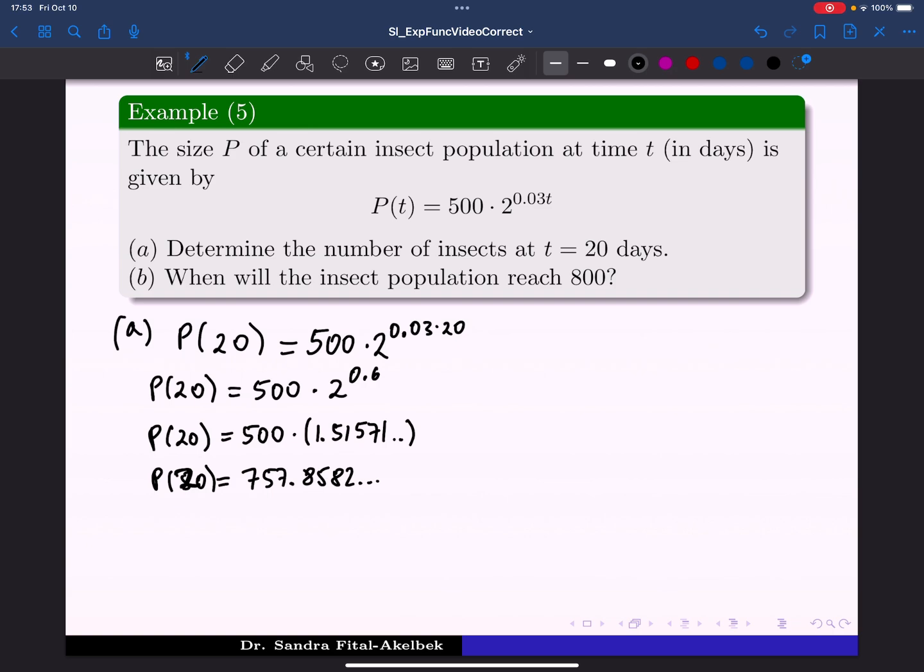Because this is a number of insects, we cannot have 0.8 of an insect, so we round it up. This is 758 insects.